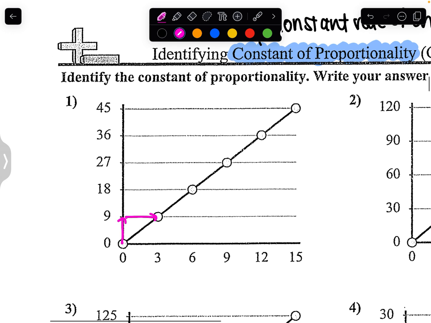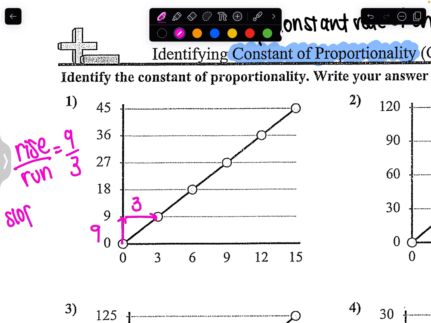So it's rising by 9 and it's running by 3, which means rise over run, I've got 9 over 3. So then my slope, or my constant of proportionality, actually I'm going to abbreviate it like you do in 7th grade, my COP is 3.